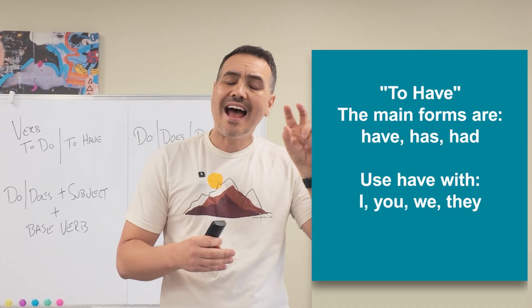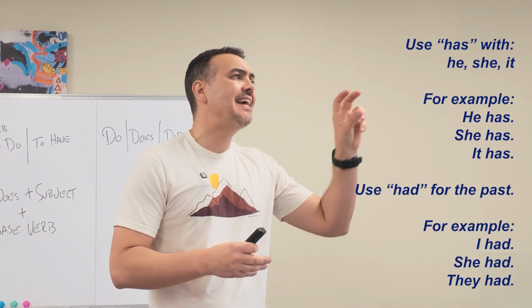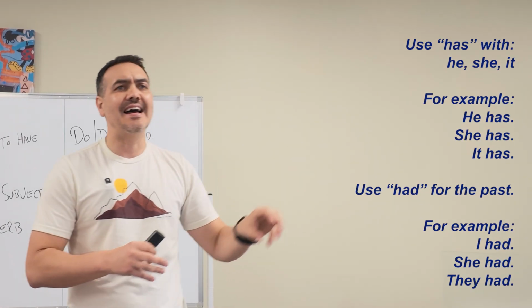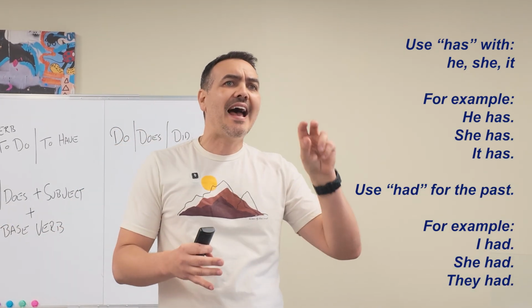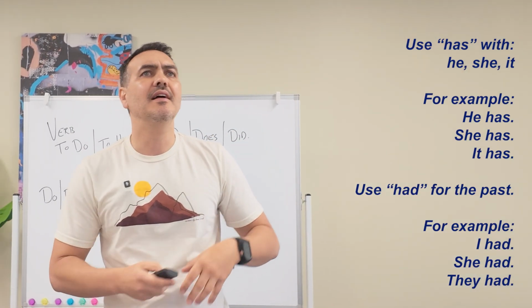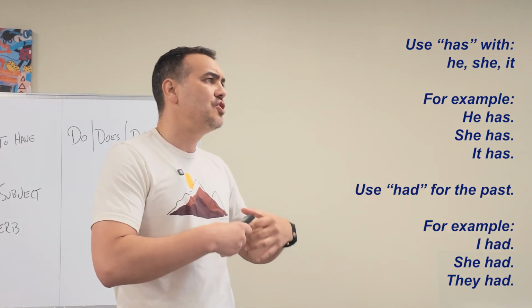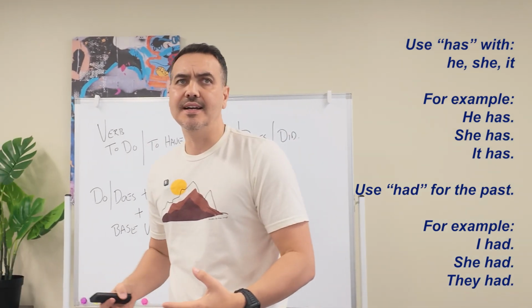Now you use the word has with he, she, and it. He has, she has, it has, okay? And you use had for something that happened in the past. For example, I had, she had, they had, okay?